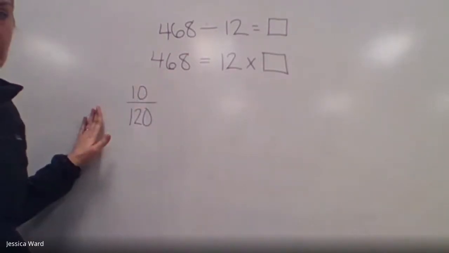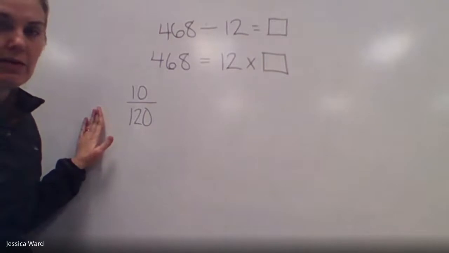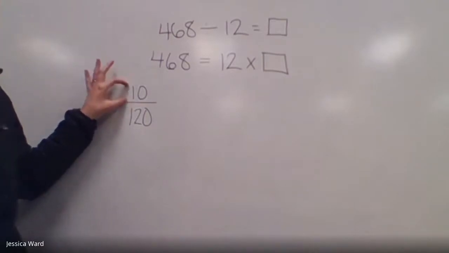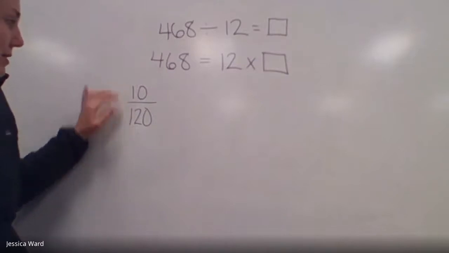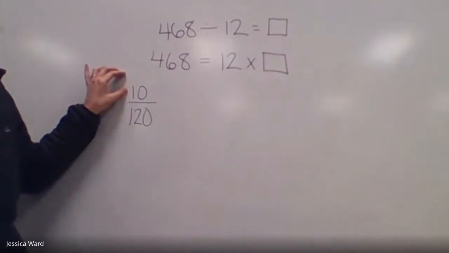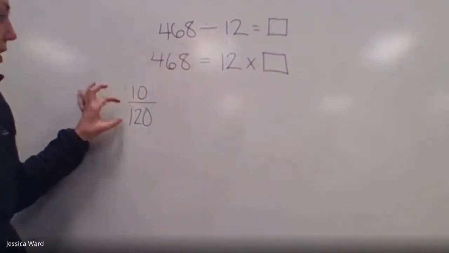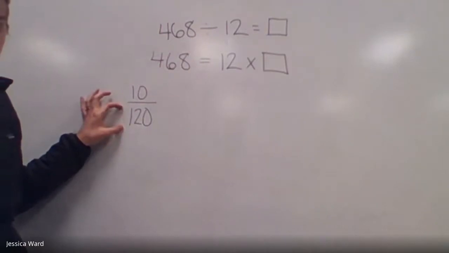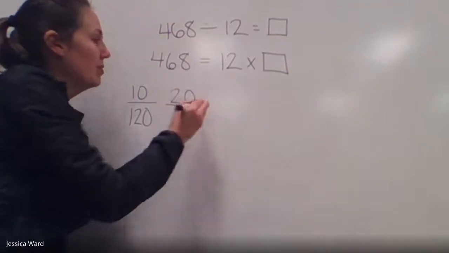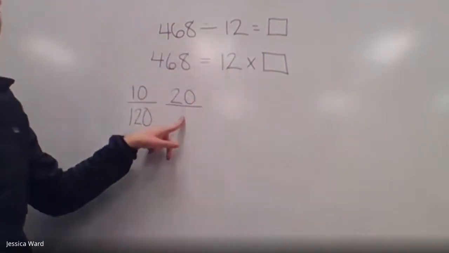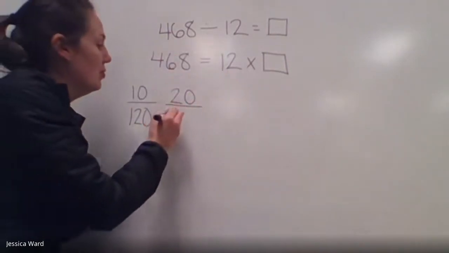I've written it out this way just because I'm not writing out a whole table, so for you to understand that this is just a portion of the table, I'm not writing it as a fraction. 10 is the number we're multiplying 12 by. 120 would be the answer. In the next part, you have 20. We're going to multiply 12 by 20. That gives us 240.